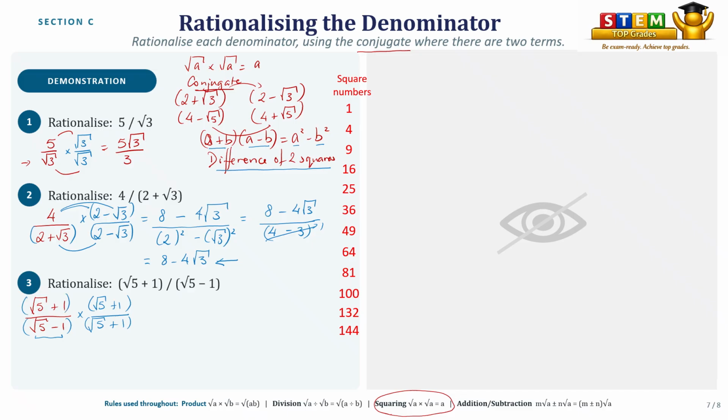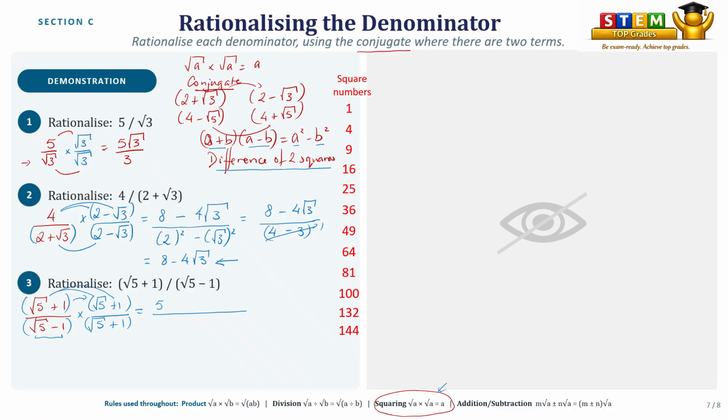So we're going to multiply these two together, top times top, or numerator times numerator. Okay, so let's start with the multiplication, expand the brackets. So root 5 times root 5, remember, this is the squaring of surds. So square root times square root cancel out, so we end up with a 5.